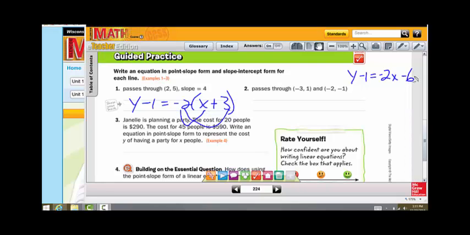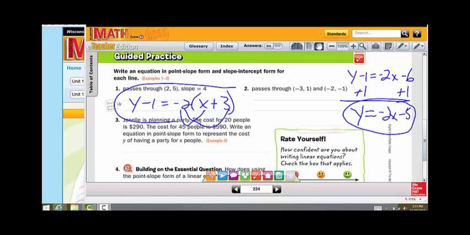So we're going to subtract 6. Once again, we have the subtraction of 1 in the way here, so let's just add 1 to both sides and undo that. And we have y equals negative 2x, negative 6 plus 1 is a subtraction of 5, negative 5. So there is our slope-intercept form, and right here is our point-slope form for problem number 2.